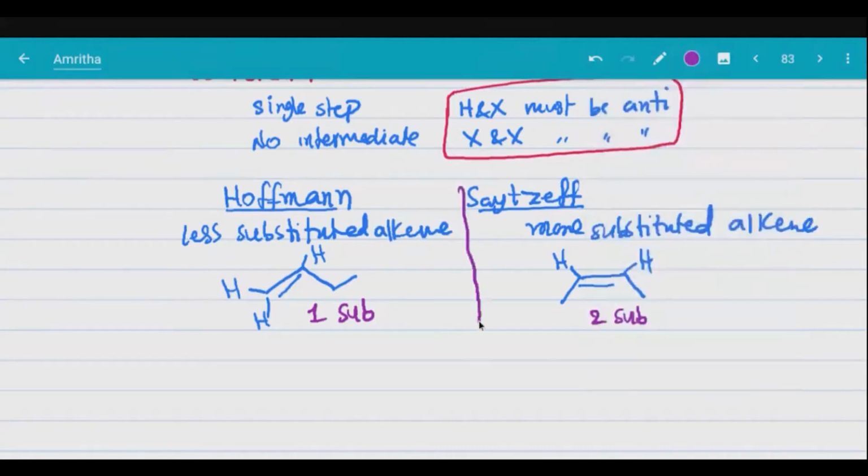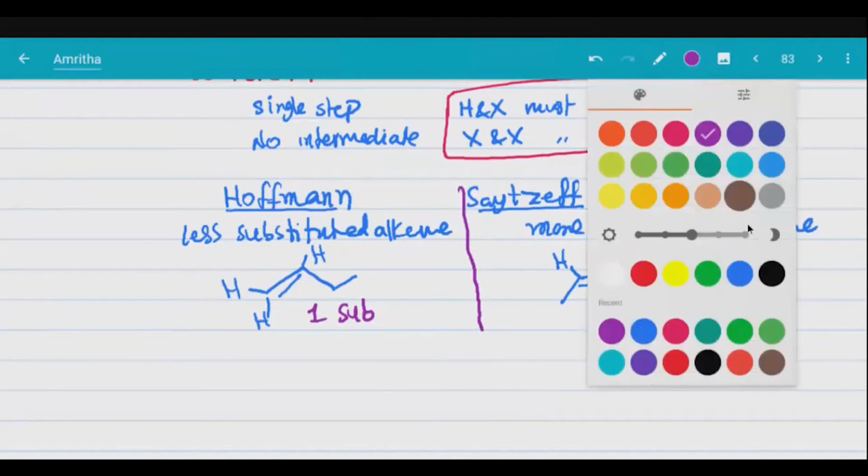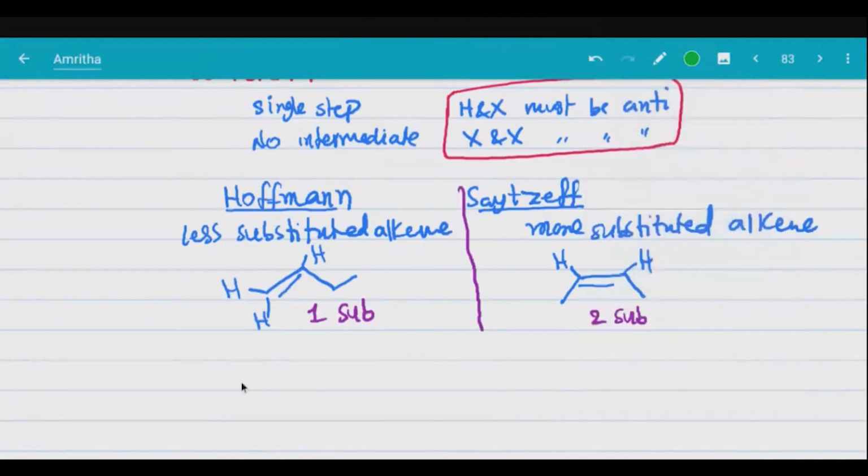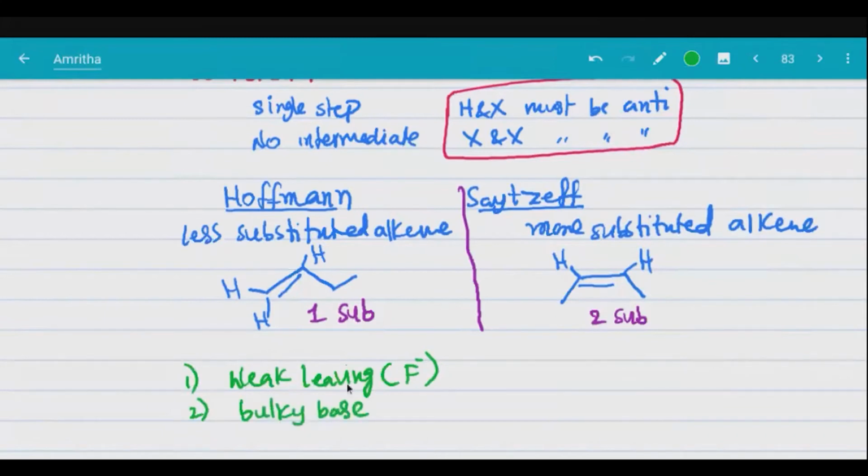So when Hofmann is possible, look at 2-3 conditions here. Weak leaving group, like fluoride, best example. And bulky base. Bulky base means very big in size.